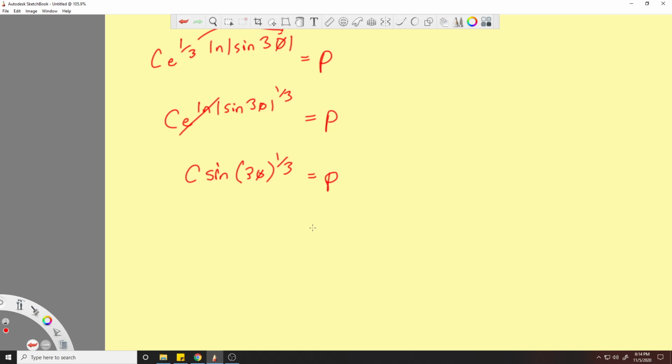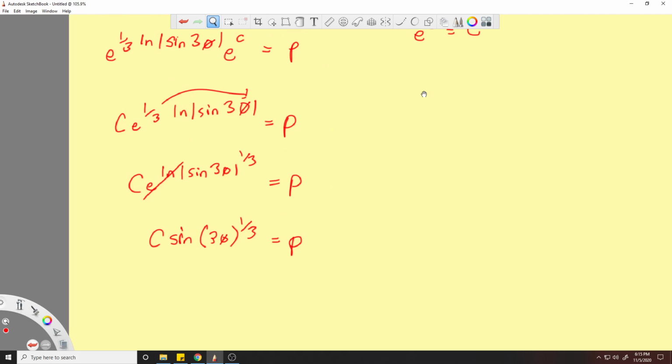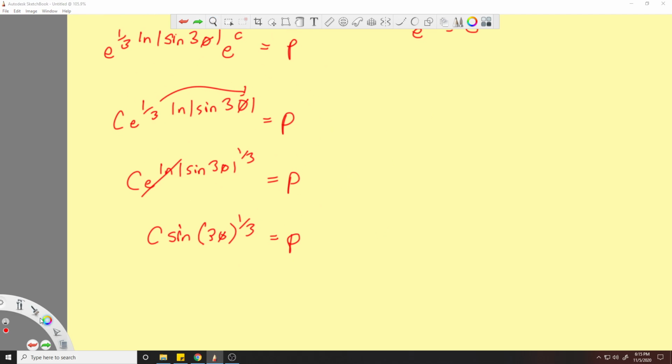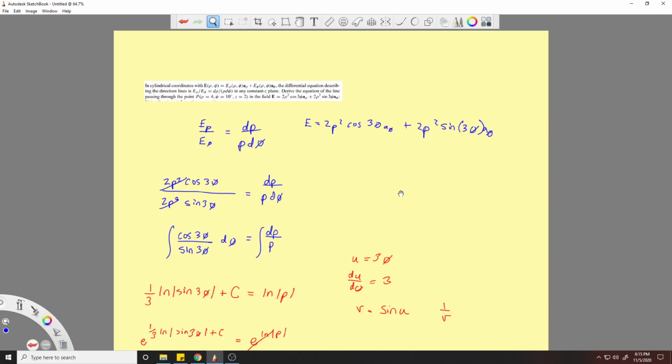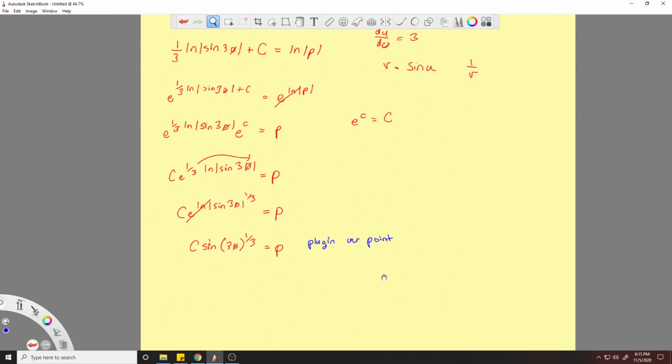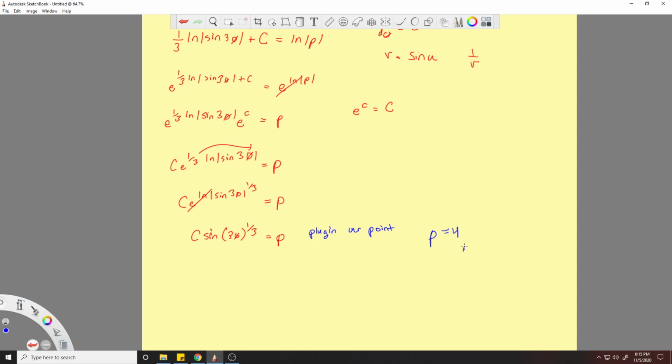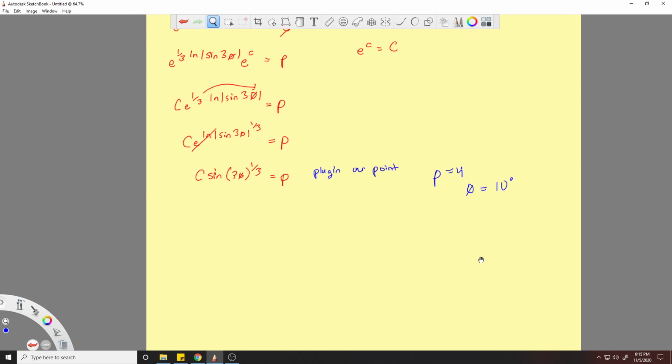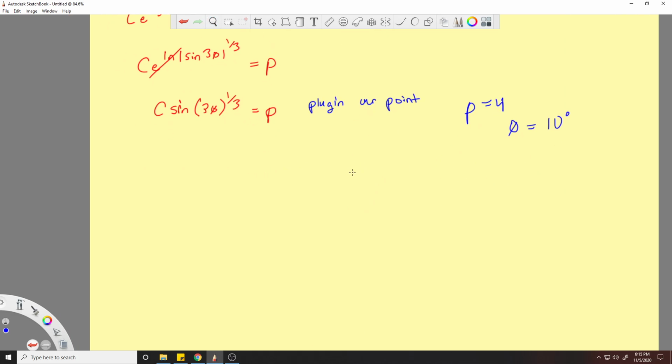And now we just need to plug in our point. Our point is rho equal to 4 and phi equal to 10 degrees. So you plug these in.